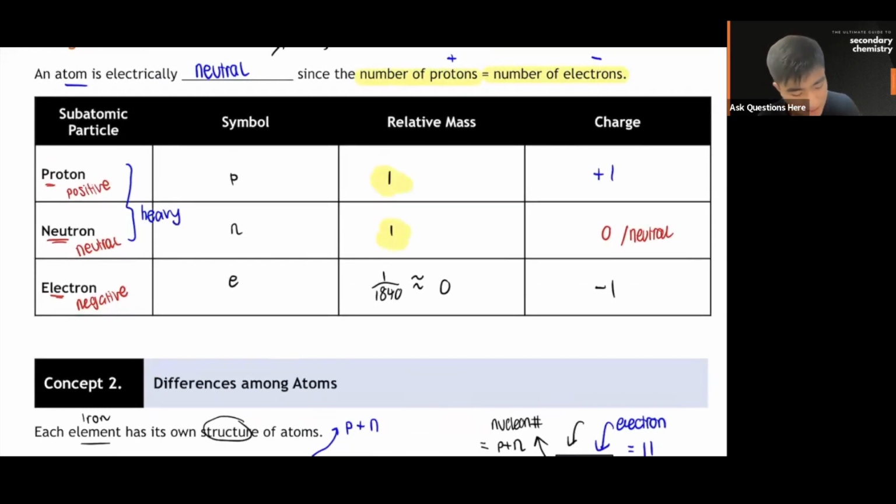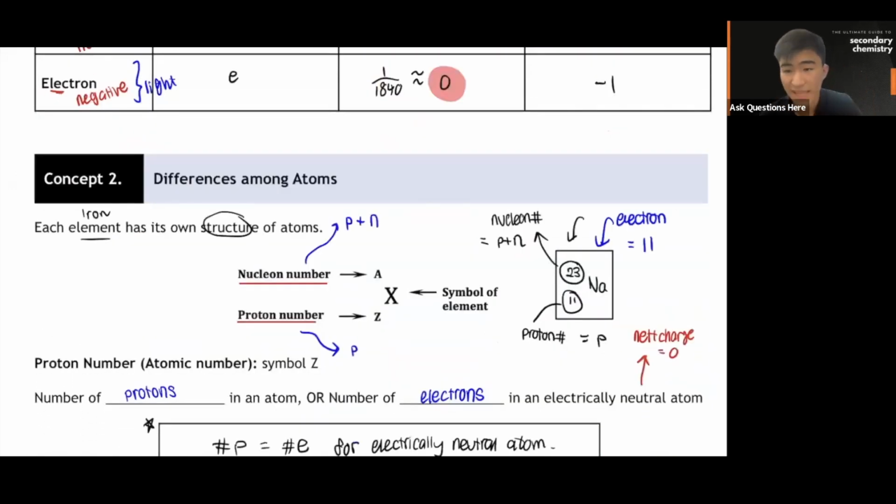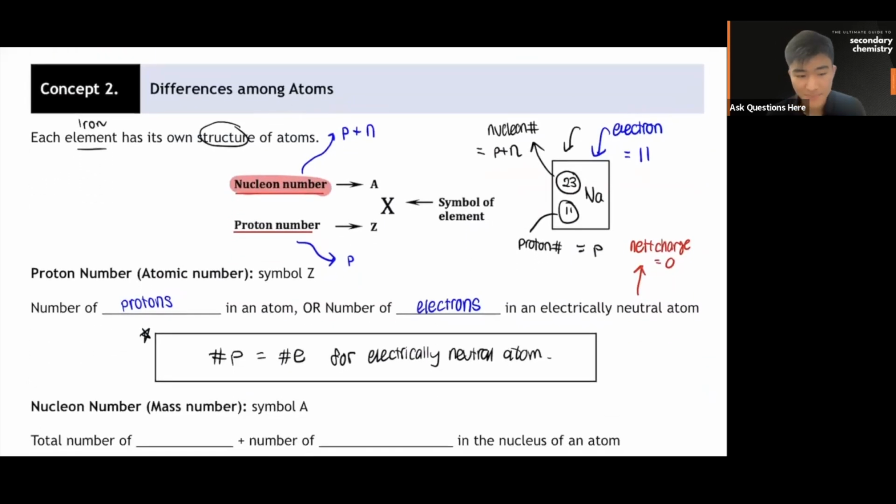But the electron is very light because the mass of electron is 0. So that's why when we talk about the mass of an atom, it basically corresponds to the nucleon number.